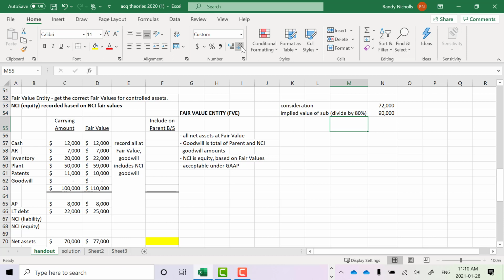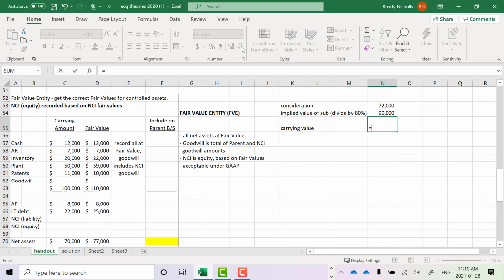So we're going to look at the company as a whole. When we look at carrying value, we're going to look at the carrying value of the company as a whole. So the 100,000 minus the 30,000 liabilities. So my acquisition difference here is 20,000.